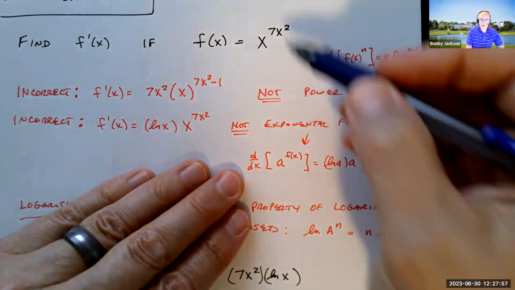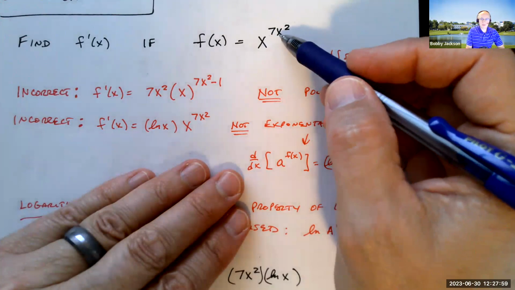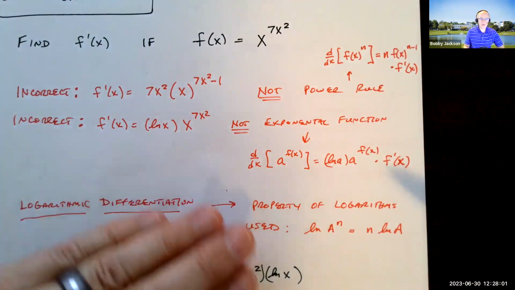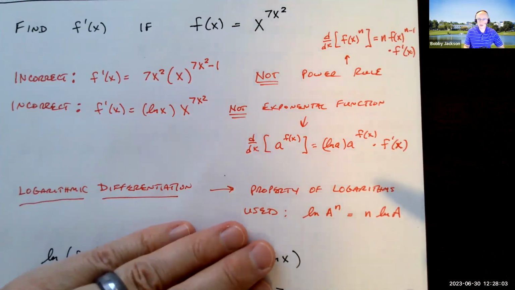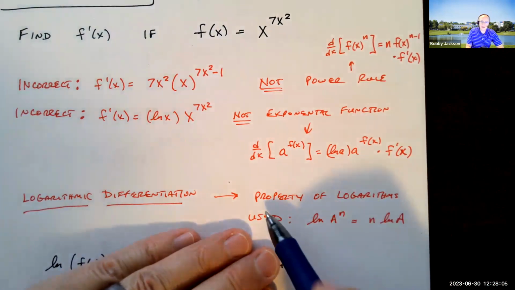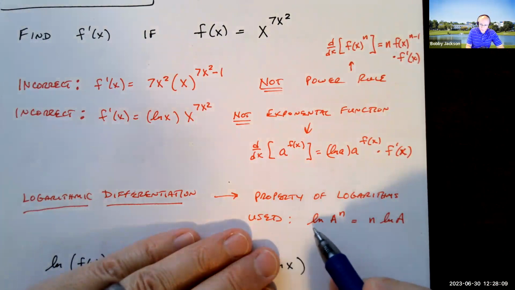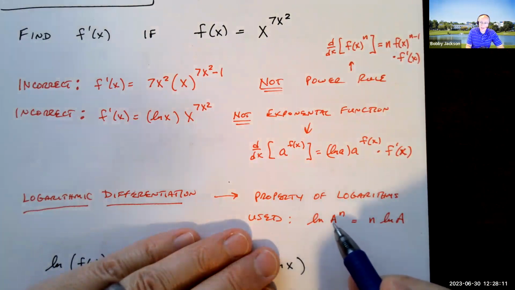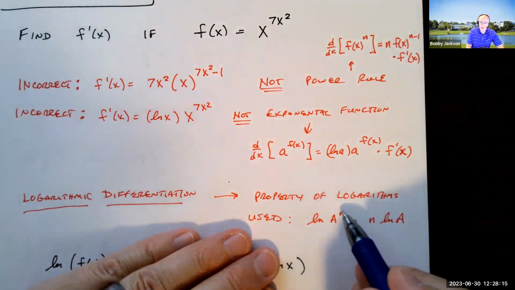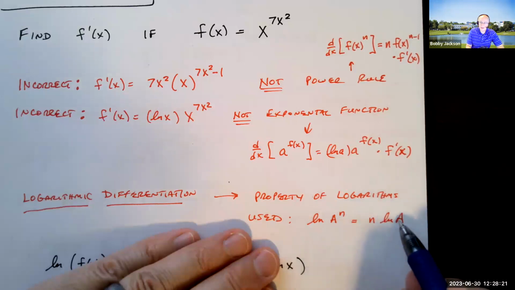Well, because both the base and the exponent are functions of x, we have to use logarithmic differentiation. And in that process, we're going to make use of one property of logarithms, and that is the natural log of a raised to any power. And that power can be a variable power or whatever. It doesn't matter. The natural log of a to the n is n times the natural log of a.